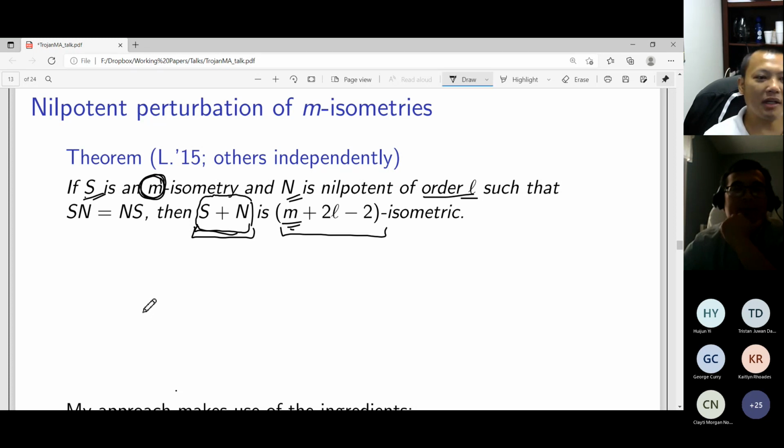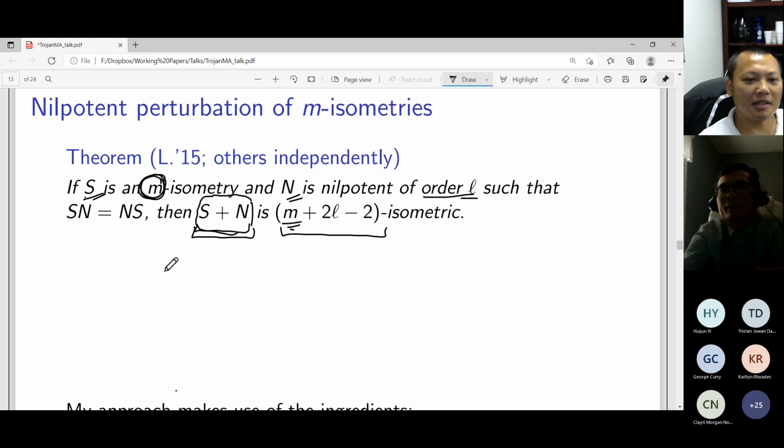Because when S and N are commuting, they can be diagonalized by the same unitary. Yes, that's a good observation, maybe it makes the problem easier to prove. On the other hand, here it works for infinite dimensional operators as well.